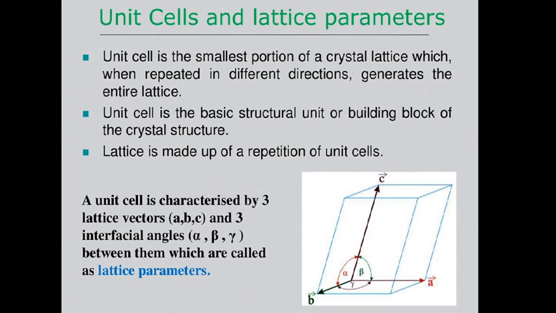The smallest group of atoms or molecules which is periodically organized is known as a unit cell. So unit cell is the smallest portion of a crystal lattice which, when repeated in different directions, generates the entire lattice.